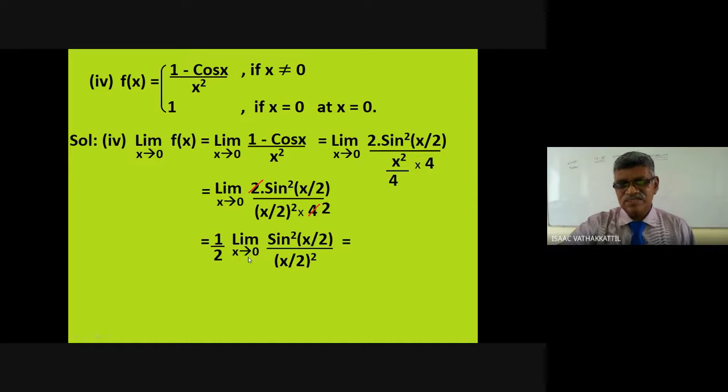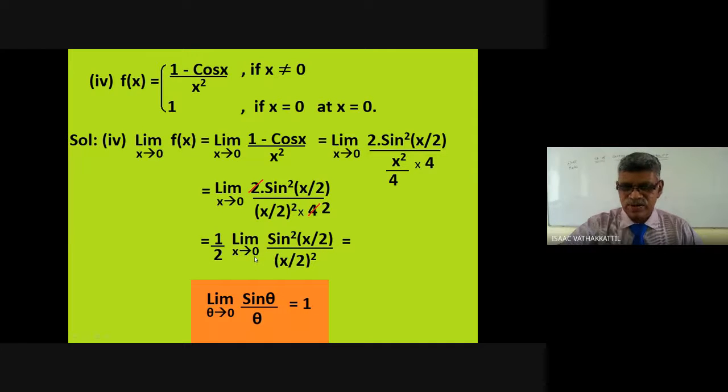This is as good as, even instead of x tends to 0, you can write x by 2 tends to 0, you can avoid that also. Limit theta tends to 0 of sin squared theta upon theta squared, or that is the limit as theta tends to 0 of sin theta upon theta, the whole squared. What is that limit? You know the limit. That is half into 1, that is half.